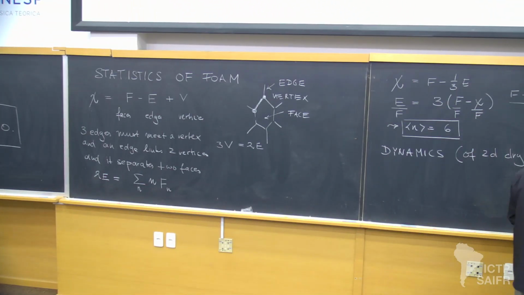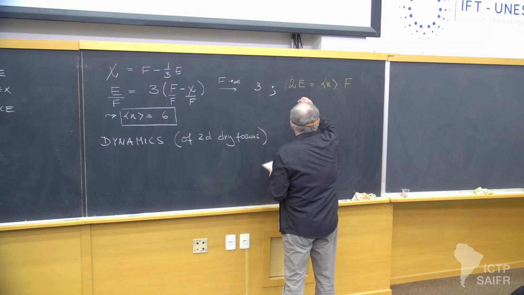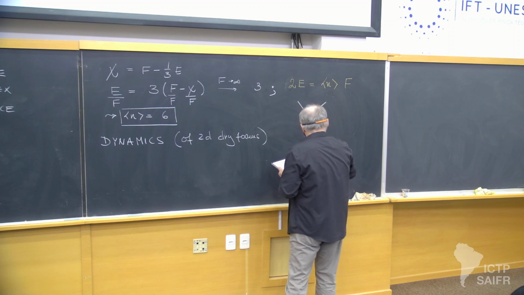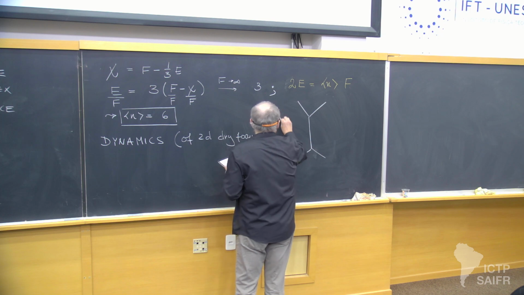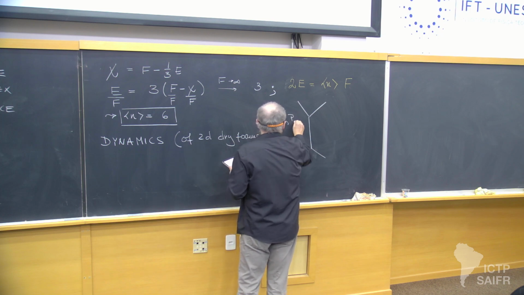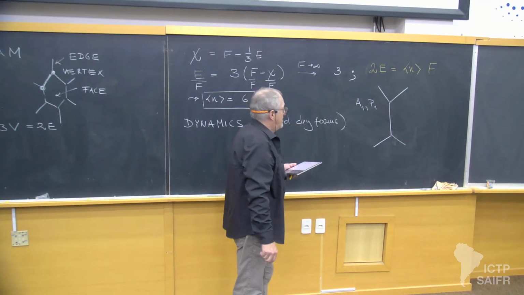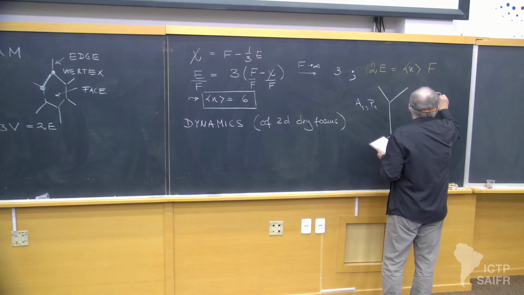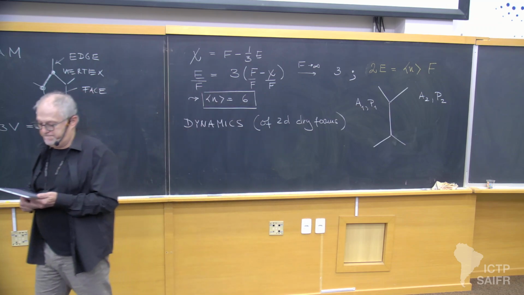Let's look at a particular bubble. Okay, so let's say we do have now two bubbles that face each other. The area of the bubble on the left I call A1, and the pressure of the bubble on the left I call P1, and this similar for the area and pressure of the bubble on the right-hand side.